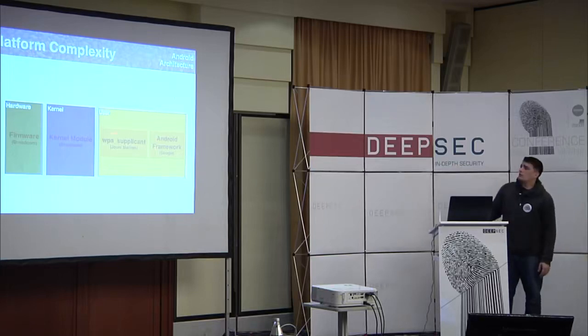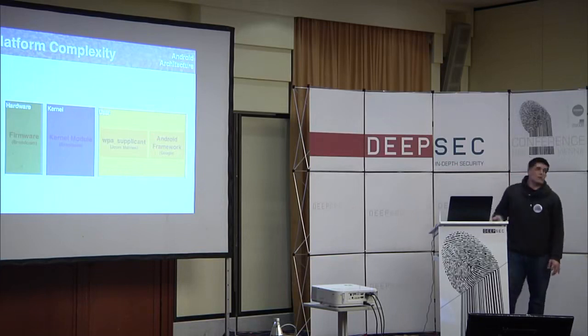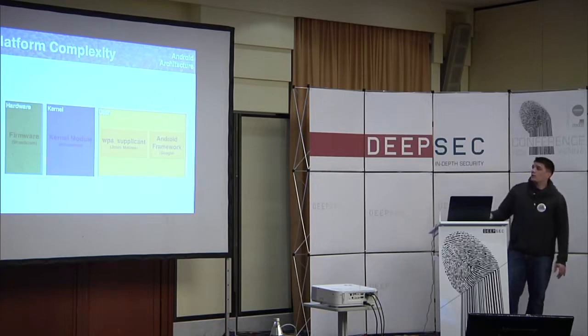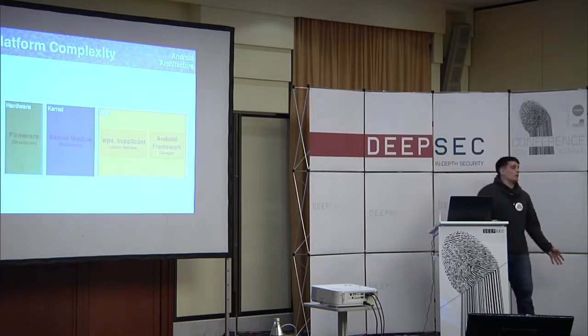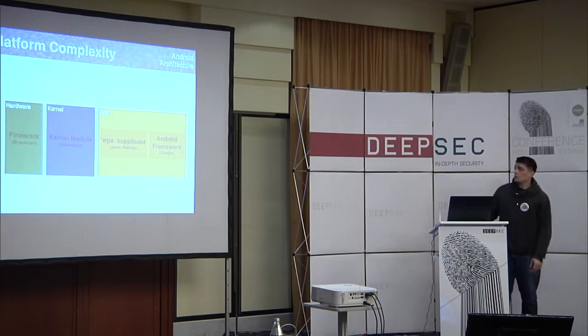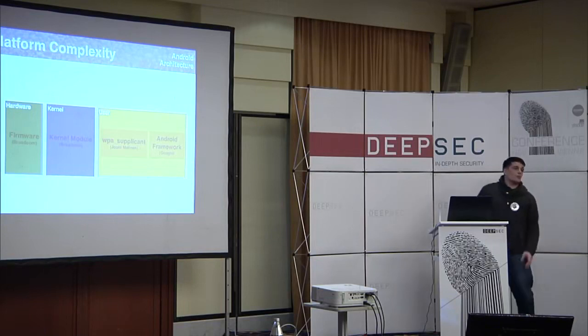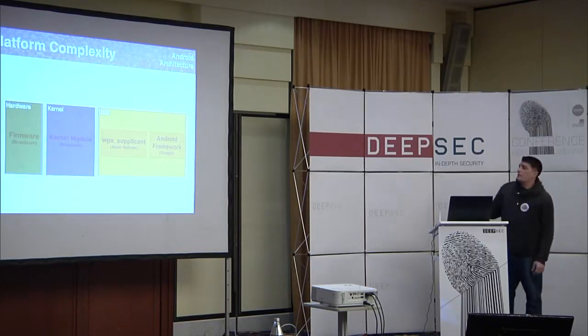And then we have the WPA supplicant and the Android framework. So when you turn on the wireless on your phone, all these layers are doing something with the traffic, okay? To get those little names on your screen saying I have found an open Wi-Fi, all these layers have to do something with that information.